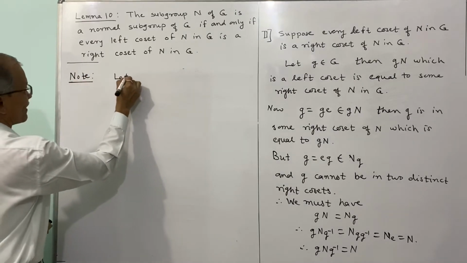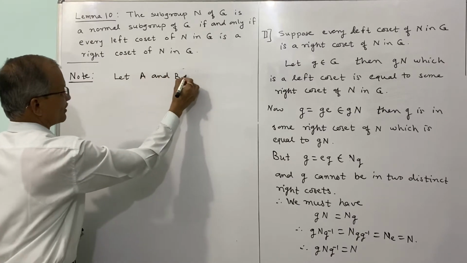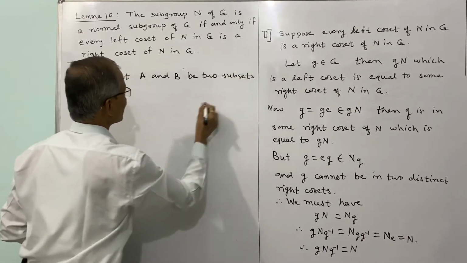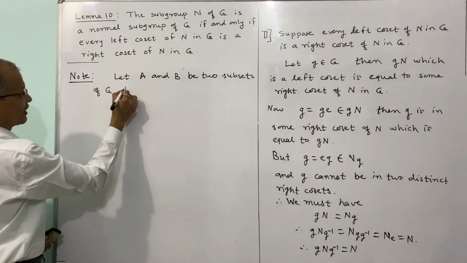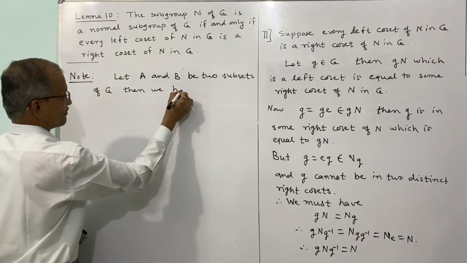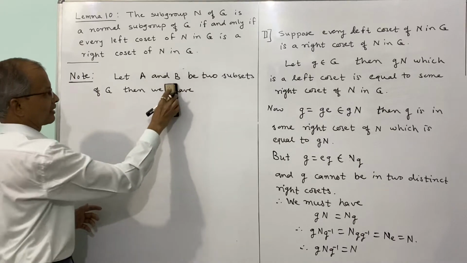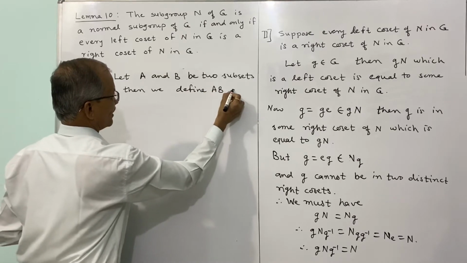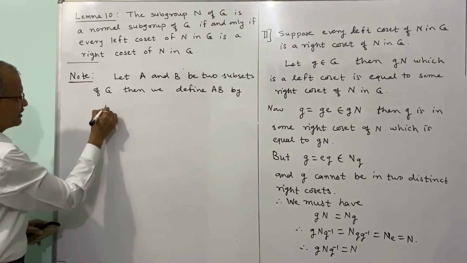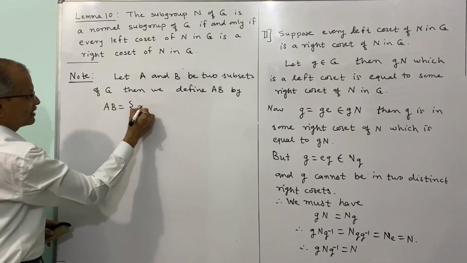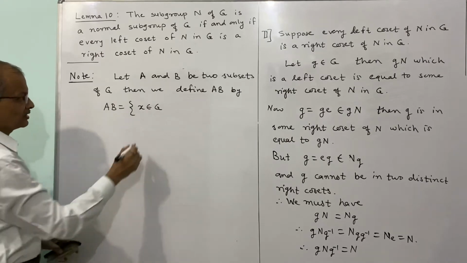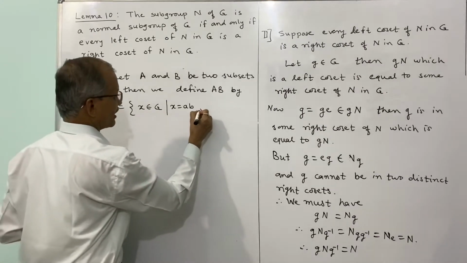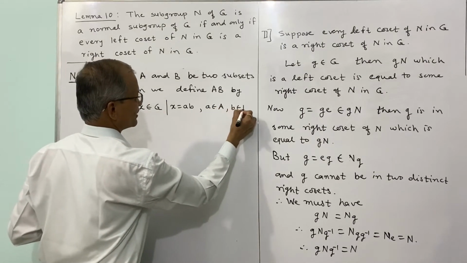Let A and B be two subsets of G. Then we define AB by: AB is equal to those elements x of G such that x is equal to, in the product form, ab, where a belongs to A and b belongs to B. So that is the meaning of AB.